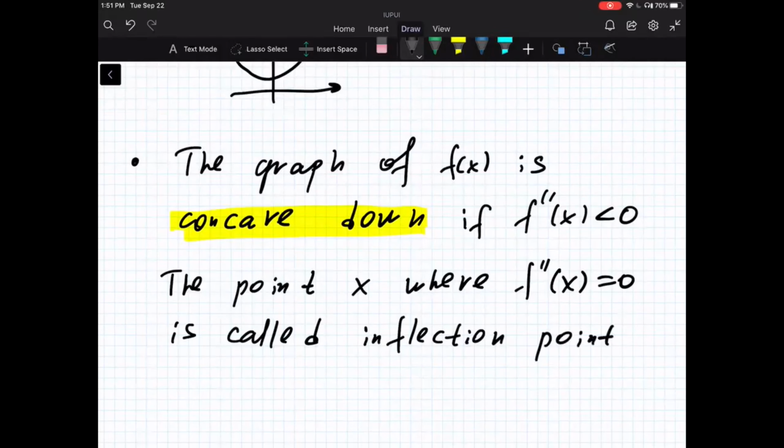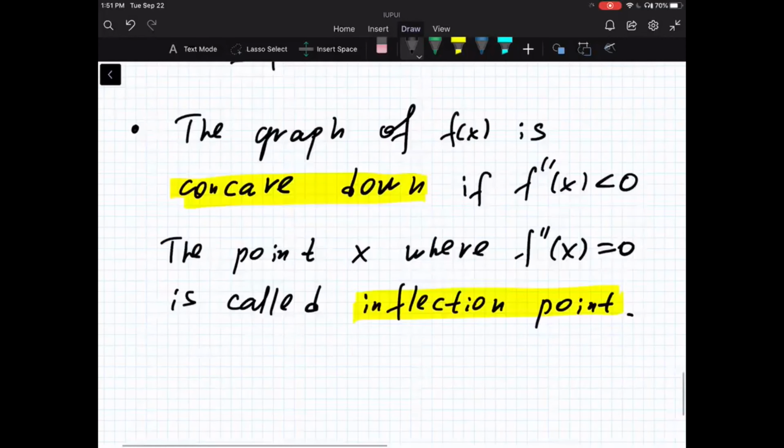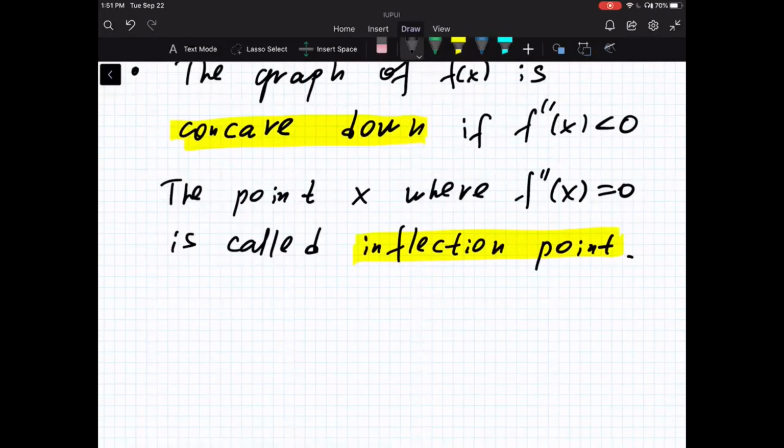So why is it an important point? Because at this point you'll probably have that your concavity is changed. So something like that. You had the function that was like this. Okay, I will discuss it in the examples.